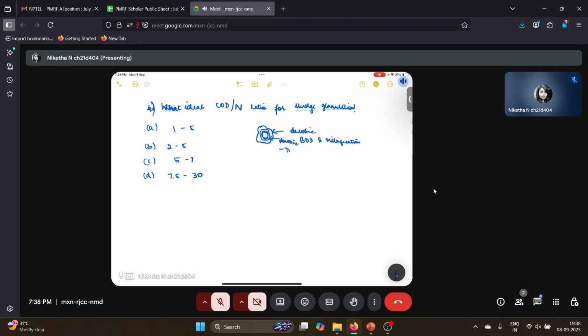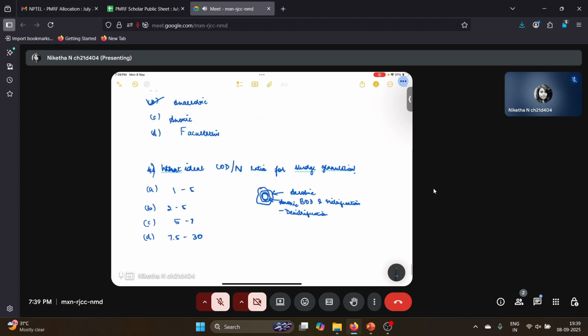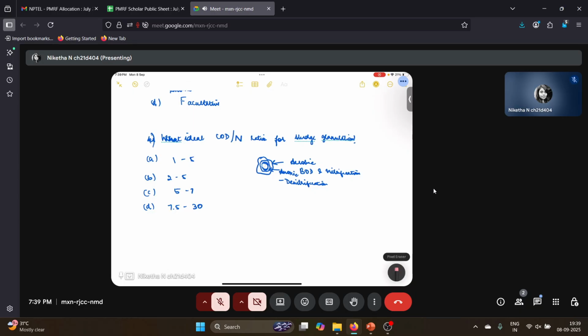This anoxic zone will be useful for denitrification. And at the bottom we have the anaerobic condition, where phosphorus is removed.